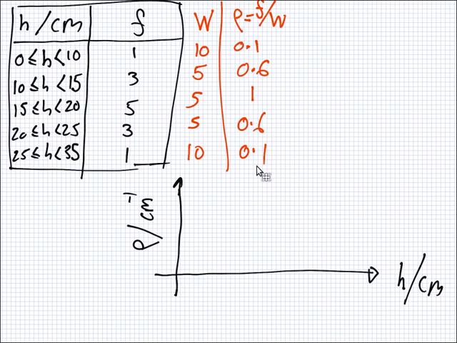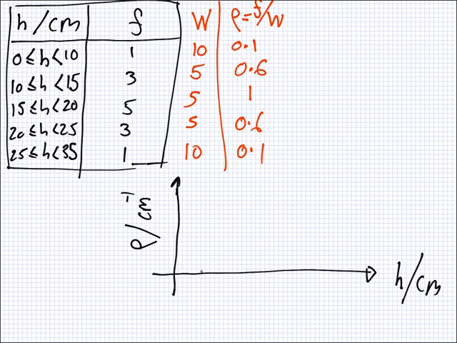I'll start here at 10, and then I'll have 15, 20, 25, 30, 35. And how big do I need to go on my y-axis? What's the largest value? 1. That's 1. And there is 0.5, 0.25, 0.75.